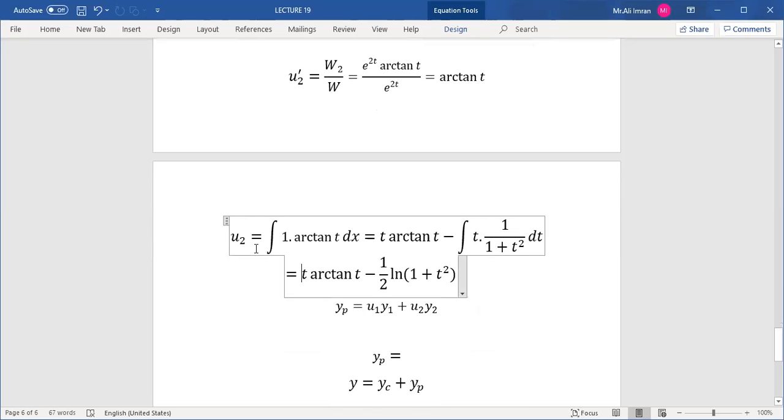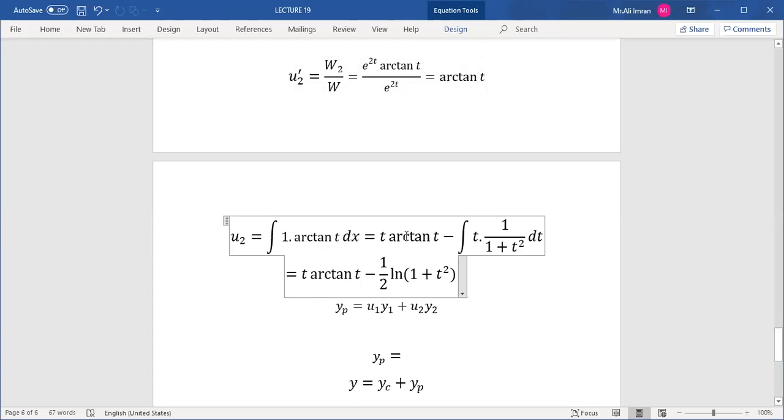In a similar manner, we will find u2. u2 prime is equal to W2 divided by W, and it will be arctan of t. We cannot find the integral of arctan directly, so we will write it as 1 times arctan of t.